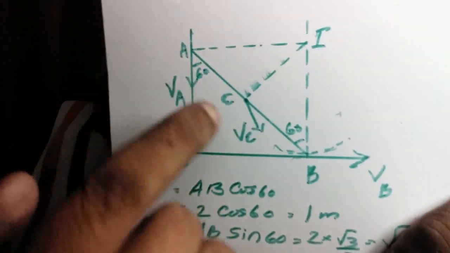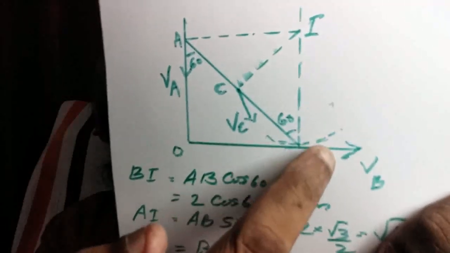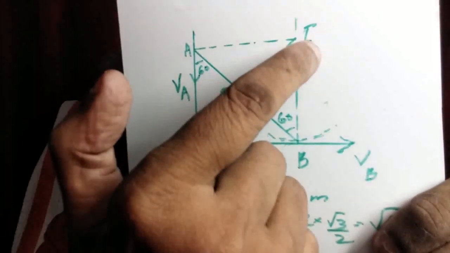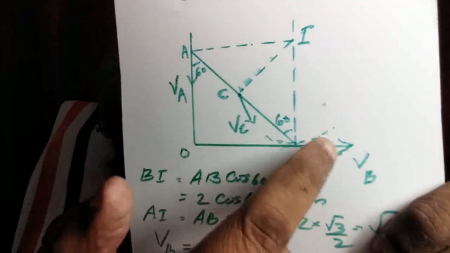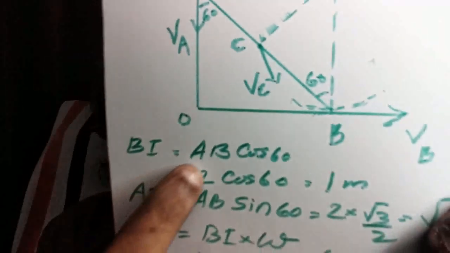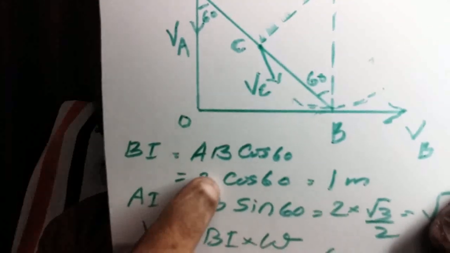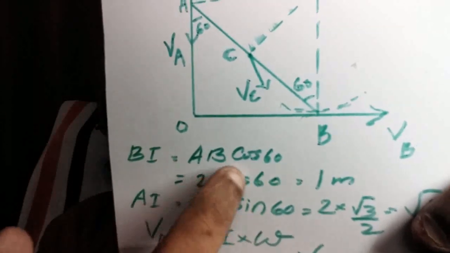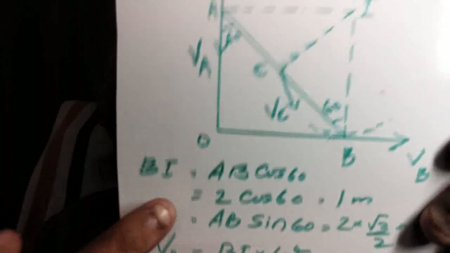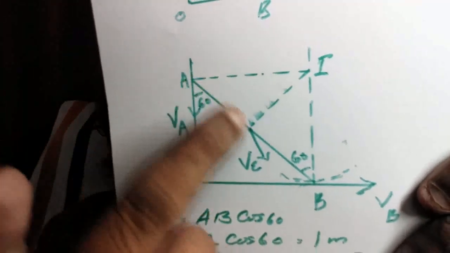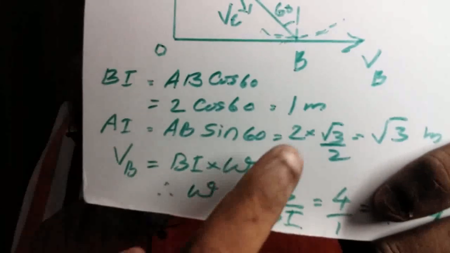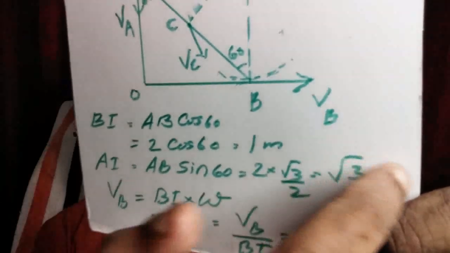Cos 60 is adjacent side by hypotenuse, BI by AB. Therefore, BI equals AB cos 60. AB is 2 meters, 2 into cos 60. Cos 60 is 1 by 2. So BI equals 2 into 1 by 2, or 1 meter. Similarly, AI is AB sin 60. That is 2 into root 3 by 2, or root 3.